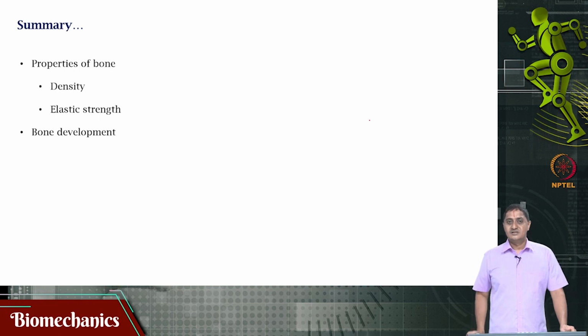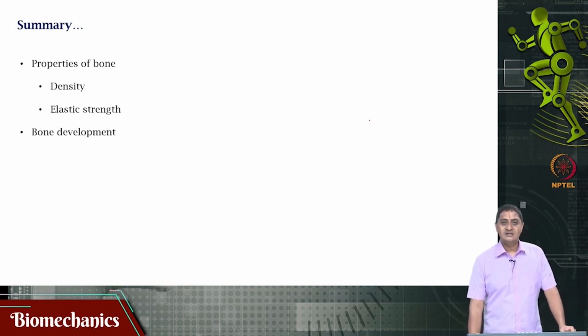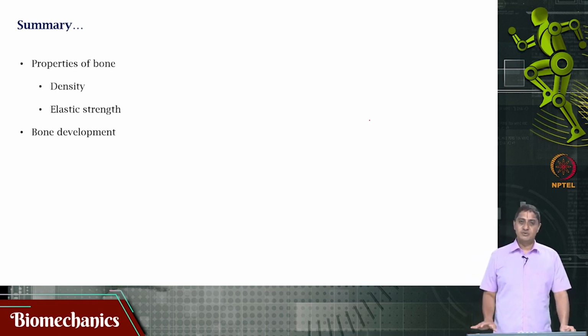So, these are the various properties of the bone, and after discussing all this, we come to the conclusion that the structure of the bone is determined by the function that it is required to perform. So, a specific bone is structured in a specific way because it is used to perform a specific function. With this, we come to the end of this video.